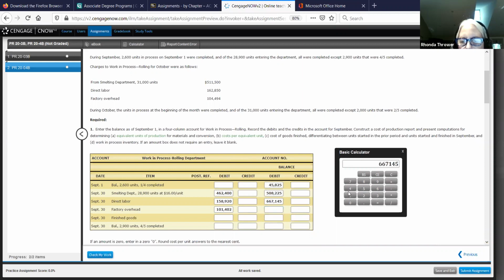So we're going to continue by adding the 101,402 to the previous balance, and that's going to bring us to a new balance of 768,547.